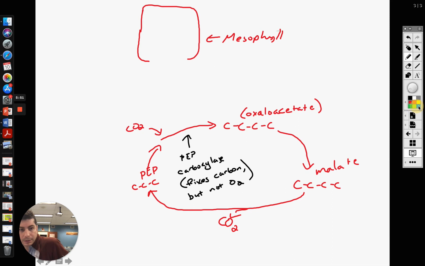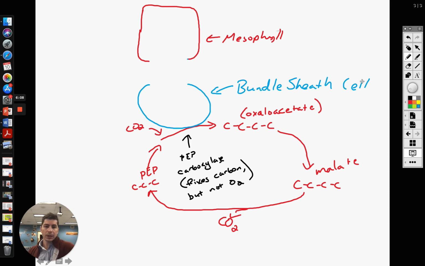Oops. And down here, we're going to have our bundle sheath cell. Okay. Connecting these two, going to have a little passageway. Remember we talked about plasmodesmata and things can be transferred?